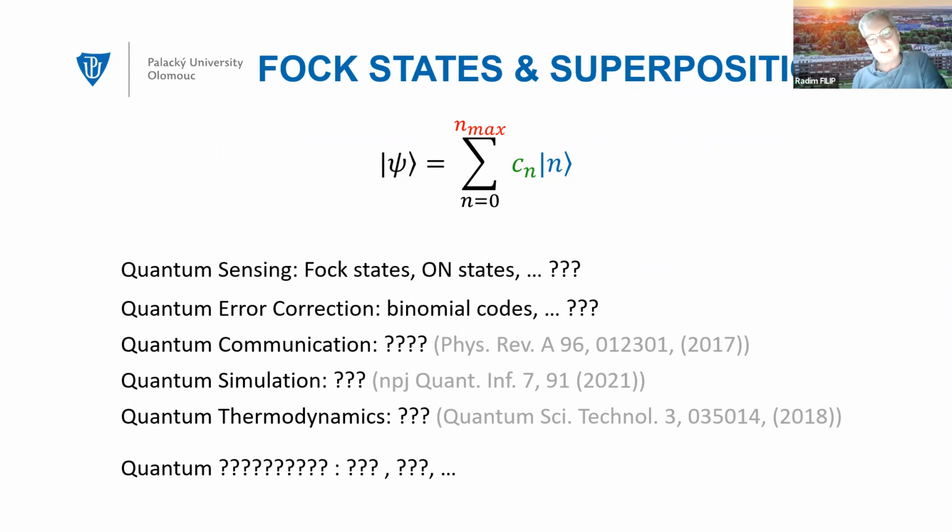There are also considerations to use these states for quantum communication, quantum simulations, even quantum thermodynamics, and maybe many other applications of quantum non-Gaussian states will come, because there are more and more people interested in quantum nonlinearities and quantum non-Gaussian states in general.